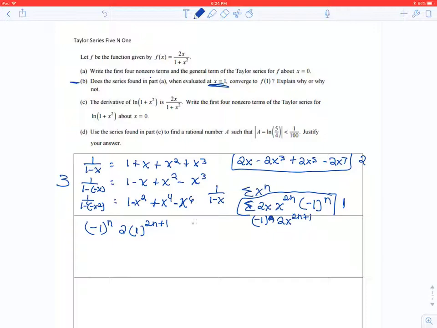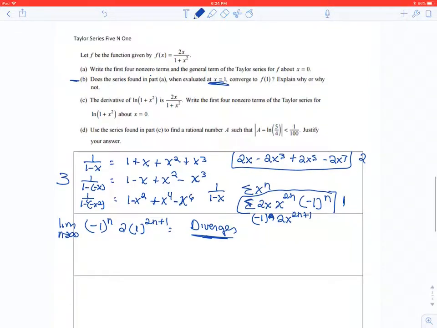And we can see from there that this diverges. If we take the limit as n approaches infinity, that's going to diverge because it alternates between negative 2 and 2. So since this diverges, we just say that this diverges. Therefore, it does not converge to 1.